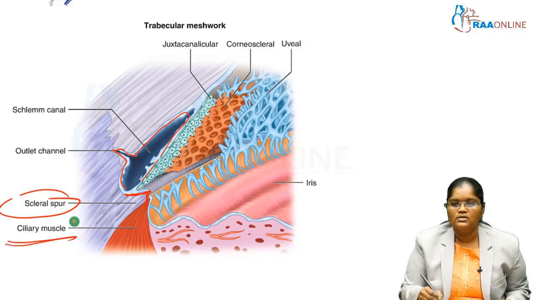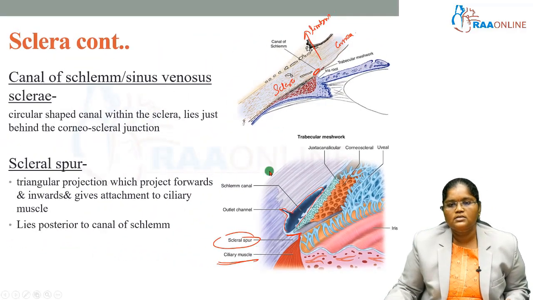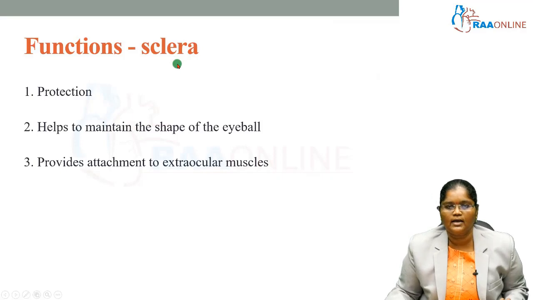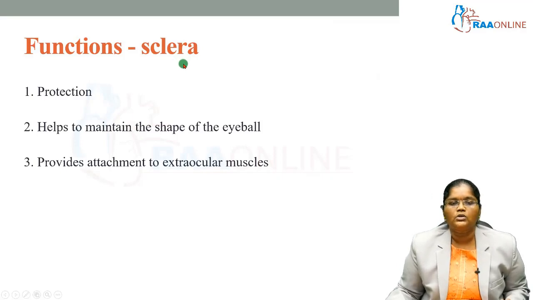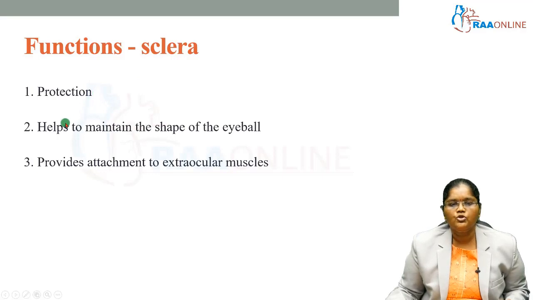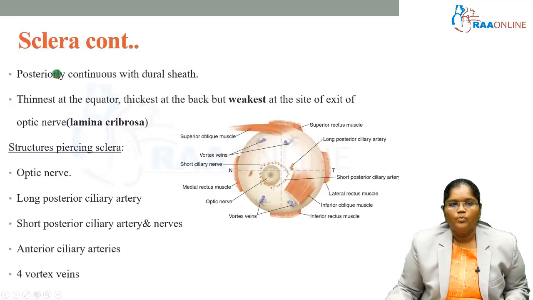So this is the ciliary muscle, and this scleral spur lies posterior to the canal of Schlemm. Now let's see what the functions of the sclera are. It is an outer coat, so it gives protection to the eyeball. It helps to maintain the shape of the eyeball, and it also provides attachment to extraocular muscles.